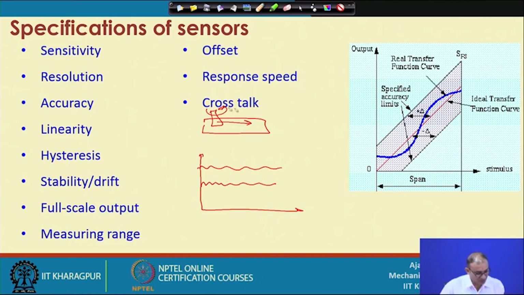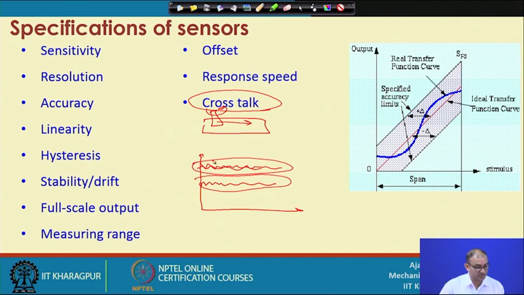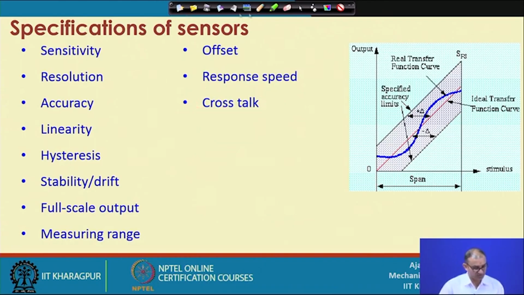Sometimes, whether the sensor you are using is a strain gauge based dynamometer or a piezoelectric based dynamometer, if these signals are mixing with each other, then you will not be able to capture the real condition of the cutting forces. So, crosstalk should be as minimal as possible, so that you can get independent outputs without mixing of two signals.